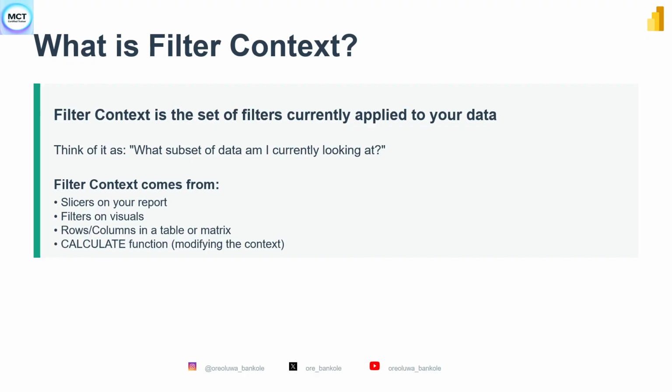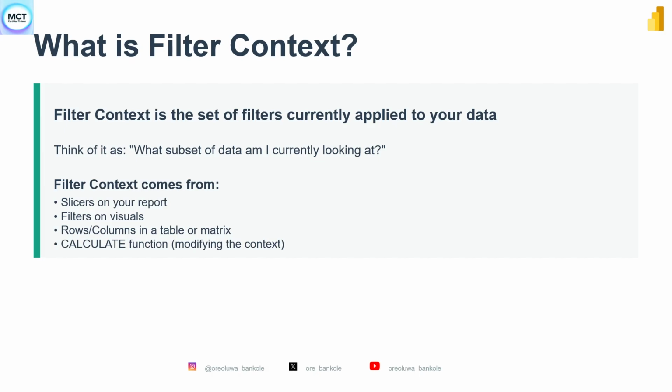Just think of it like, what is the subset of data that you're currently looking at, or what data is Power BI currently looking at? Or think of it like, calculate this, but for which specific part of the data? That specific part is what we call the filter context.